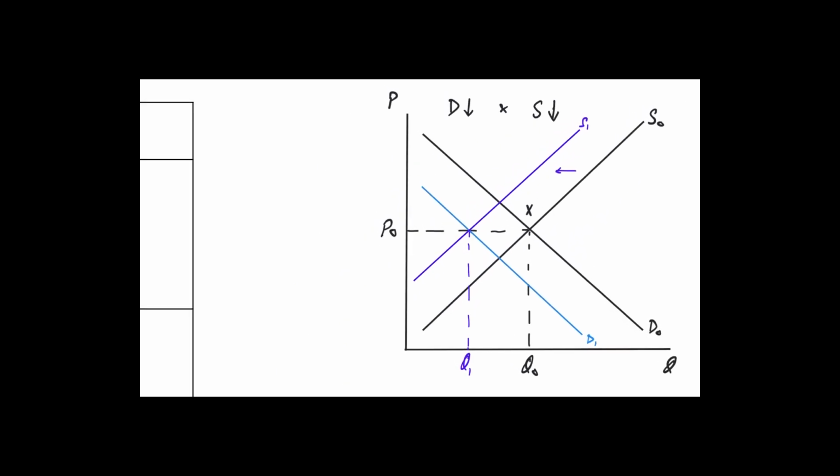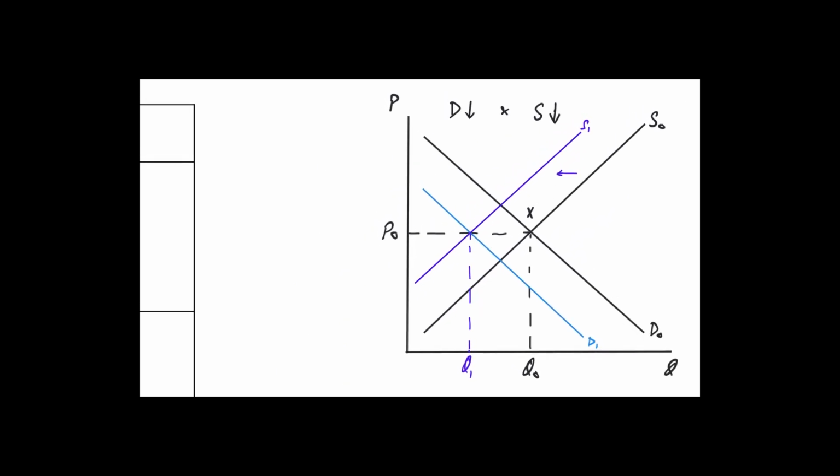So if I look at them individually, what's the result of demand and supply? When demand falls, price goes down, quantity goes down. When supply falls, it causes the price to go up, but the quantity goes down. So we can see here that the quantity is definitely going down, but the price is the uncertain factor here.